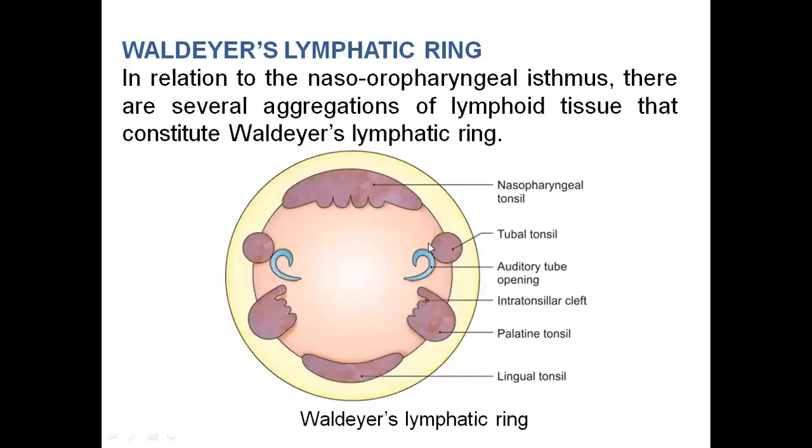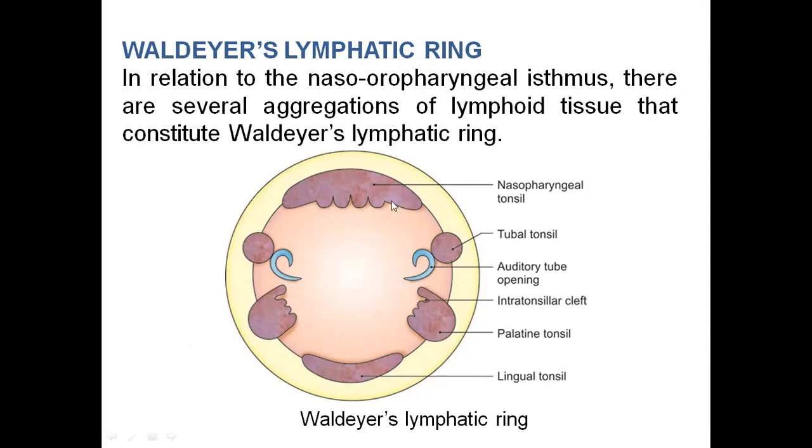Now, Waldeyer's lymphatic ring. We discussed this ring when we were doing the lymphatic drainage of head and neck. This Waldeyer's lymphatic ring is formed by the nasopharyngeal tonsil. On either side of the opening of the eustachian tube, we have the tubal tonsil. Inside the oral cavity, we have the palatine tonsil. On the posterior aspect of the tongue, we have the lingual tonsil.